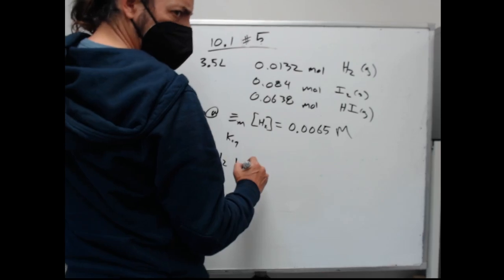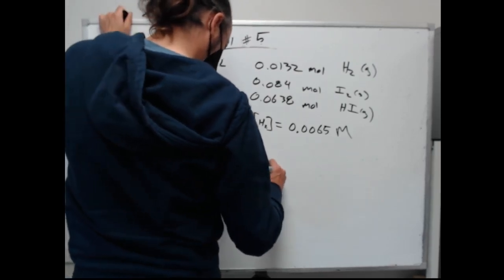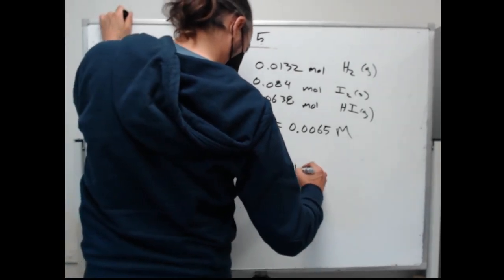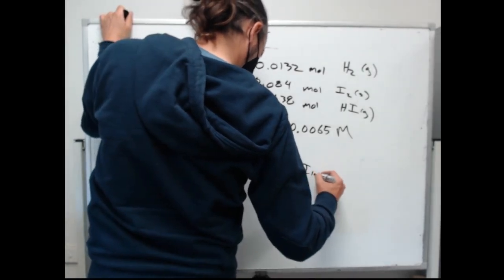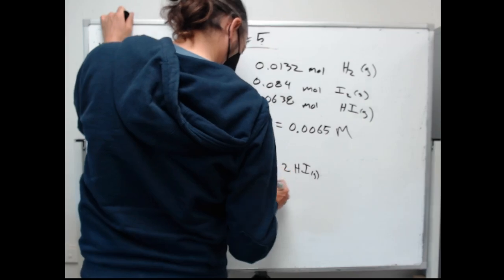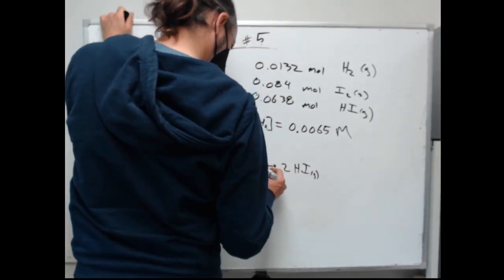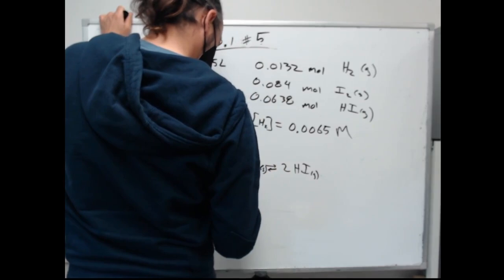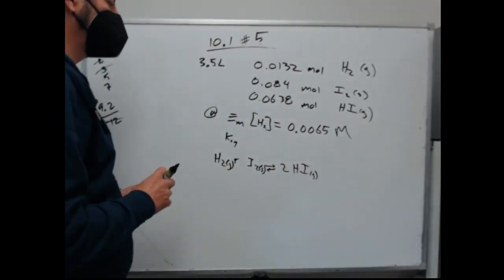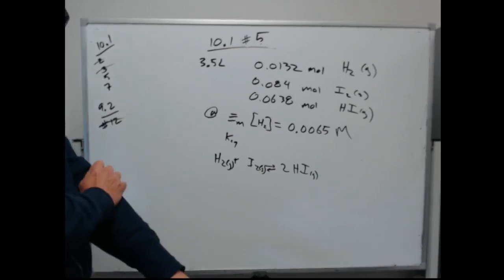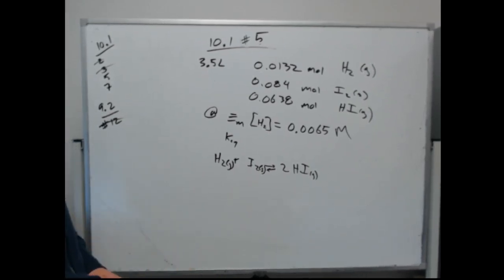For H2 gas plus I2 solid going to 2HI gas. And then for the equilibrium constant, use a 1 molarity standard state, not a 1 atmosphere standard state. Yeah, because we're not doing it in pressures, we're just doing it as concentrations.